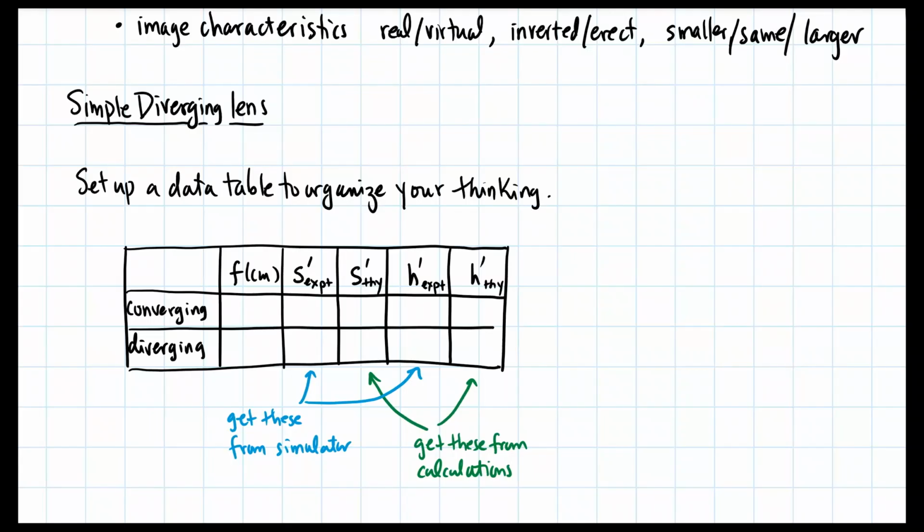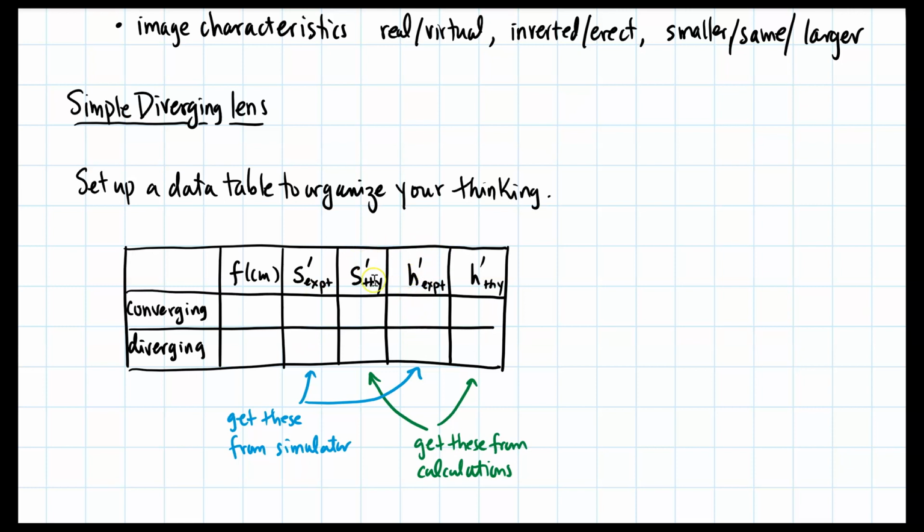Now to organize my information into a table, I have the focal length. I could measure where the image is experimentally. That means using the simulator. I could measure the height of the image from the simulator.